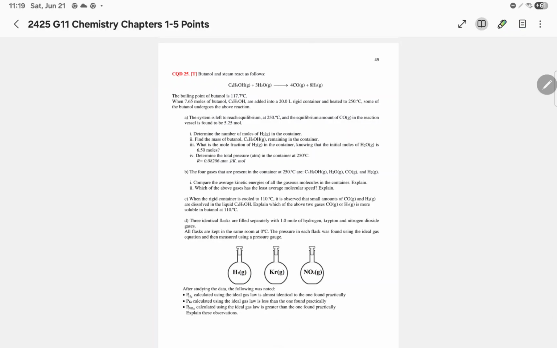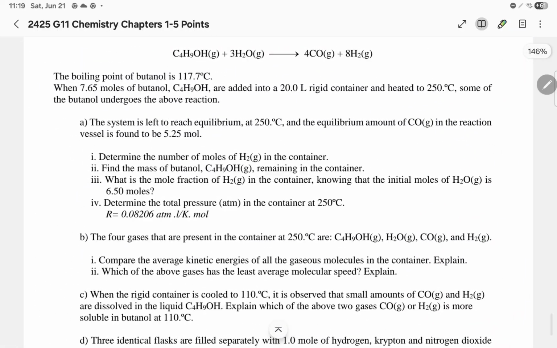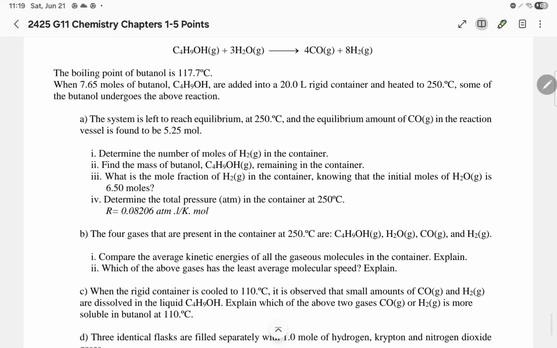Now, butanol and steam react as in the equation below. The boiling point of butanol is given. When 7.65 moles of butanol are added to a 20 liter rigid container heated to 250 degrees Celsius, some of the butanol undergoes this reaction.